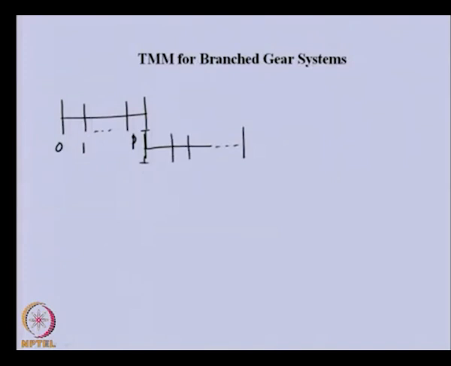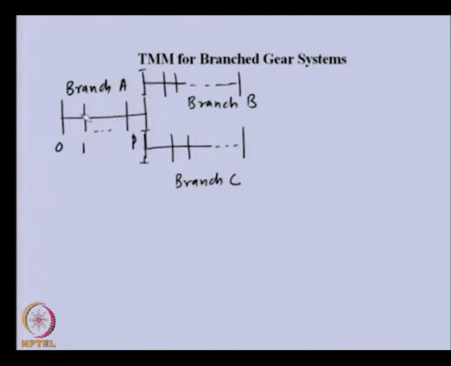Let us say this particular branch we are giving the name branch A. This is branch C, and at the top there is another branch, let us say branch B. So basically this is a pinion and is driving this gear as well as this gear.